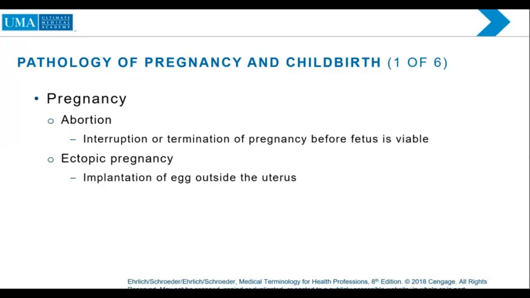Now let's look at terms associated with pregnancy. Abortion is interruption or termination of pregnancy before the fetus is viable. Ectopic pregnancy is implantation of the egg outside of the uterus.